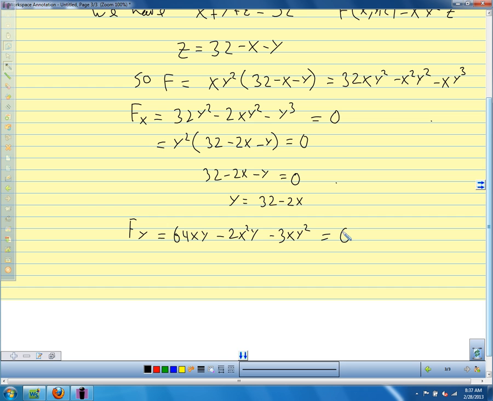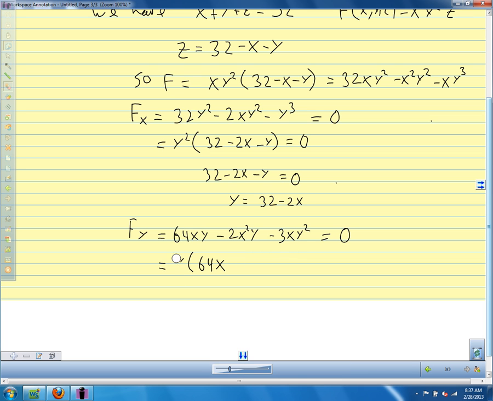And we want that equal to 0 also. We'll make our lives easier here. We're going to factor out a y, and an x also.